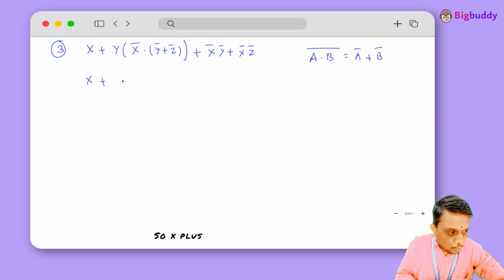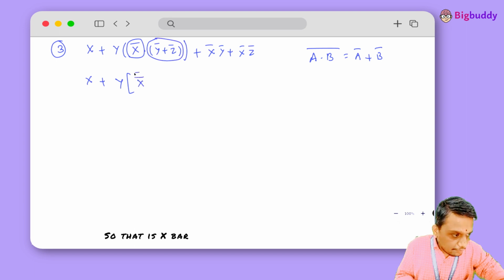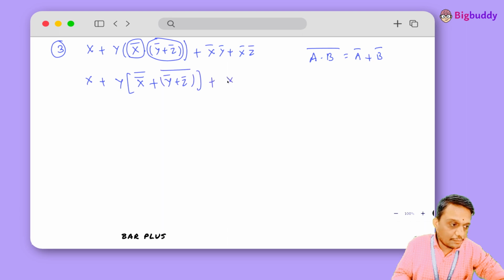I will say this is one expression, a, and this is b. So that is x bar bar plus (y bar plus z bar) whole bar plus x bar y bar plus x bar z bar.